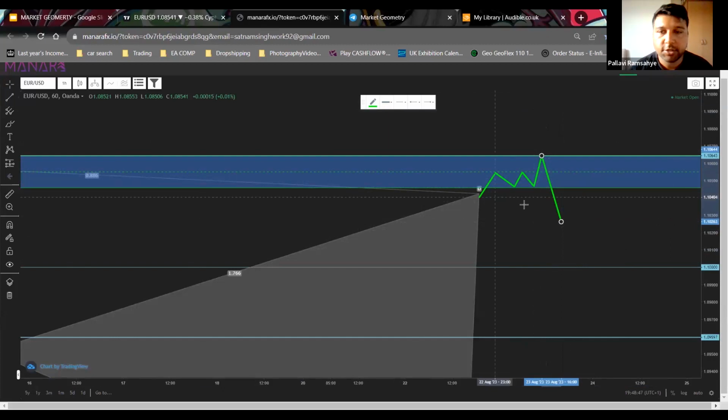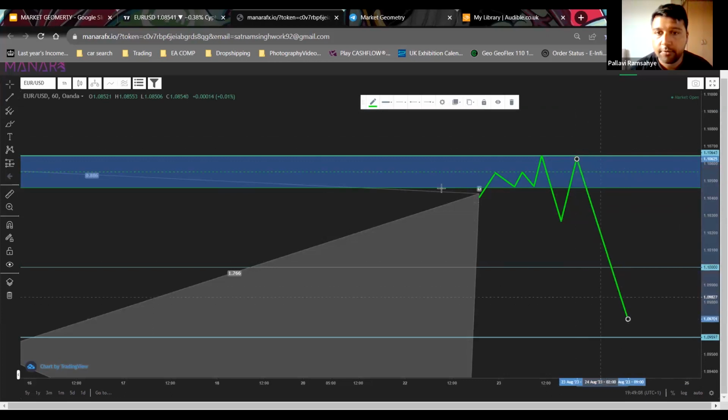We wait for our re-entry, or our entry, should I say. We wait for that retracement to come back to our MB zones or LB liquidity block. Again, I'll explain the entry points in another session later on. And then we look to take the market down from point D.